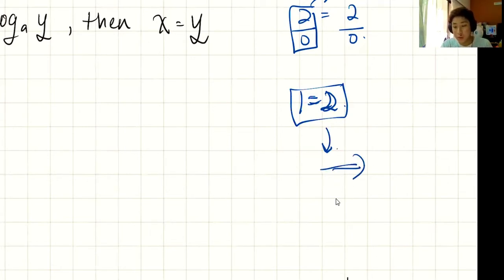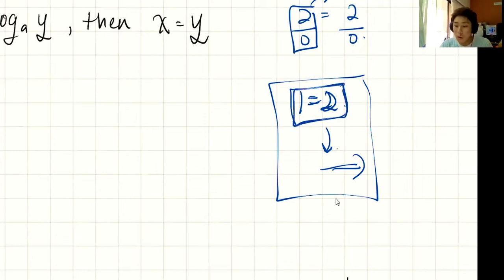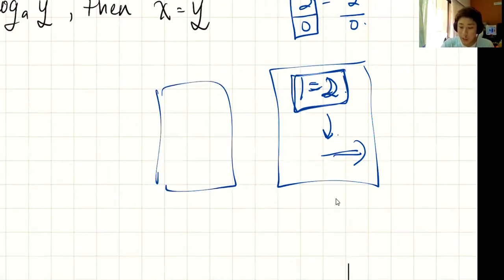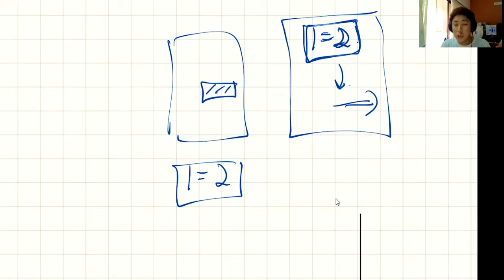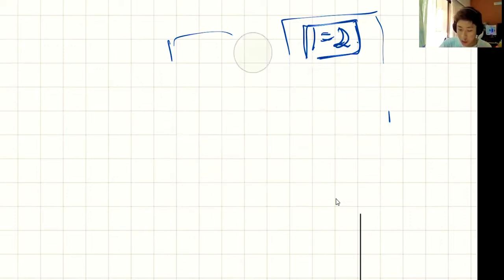There is one guy who proved this, and he did some steps, then he proved 1 is equal to 2. But you know that 1 cannot be 2, because 1 is equal to 1 and 2 is equal to 2. So how he managed to prove 1 is equal to 2 is that one of his steps is a mistake. So you must realize that mistake. I don't remember whether I know how to prove it or not, so I wouldn't want to try it now.